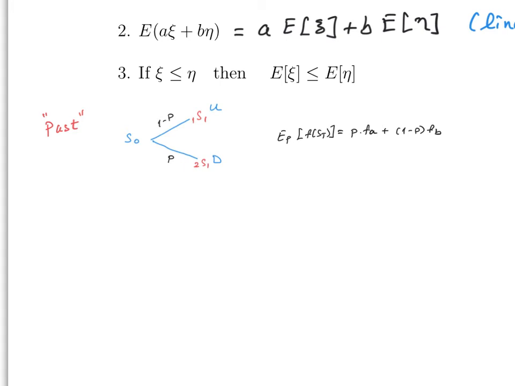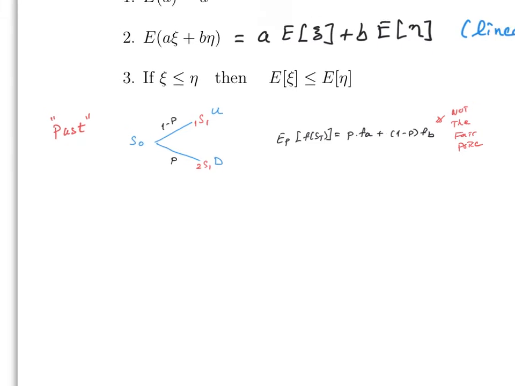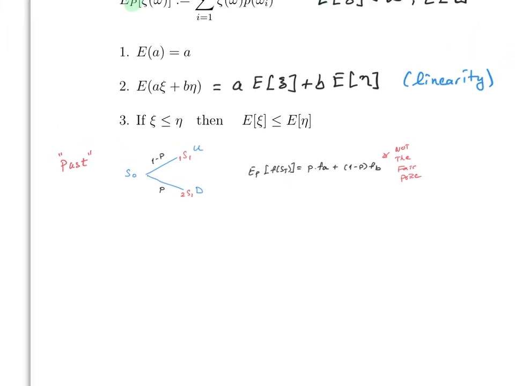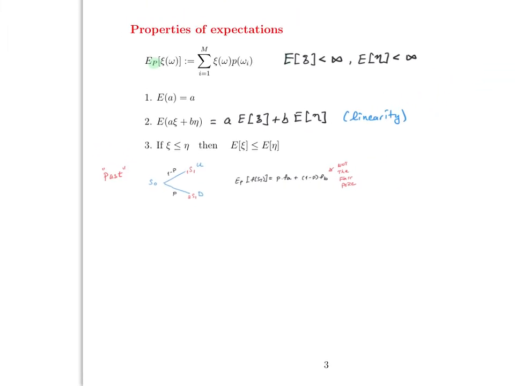But remember that this was not the derivative price. We talked about that a few times before. Not only that, this emphasizes that we're taking the expected value with respect to this probability.